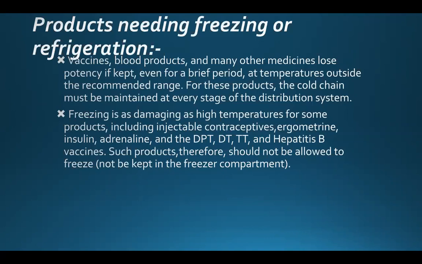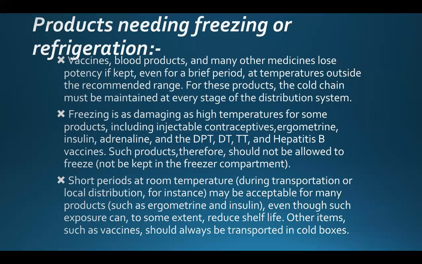Whenever you see these products, it is written on them, do not freeze. It means these drugs cannot be placed in the freezing area of the refrigerator, or they will be damaged. Similarly, if the drug is exposed to higher temperature or lower temperature, in both conditions the efficacy deteriorates and the stability is altered, and it is not fit for human consumption.